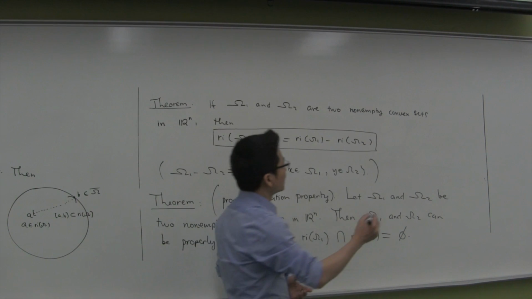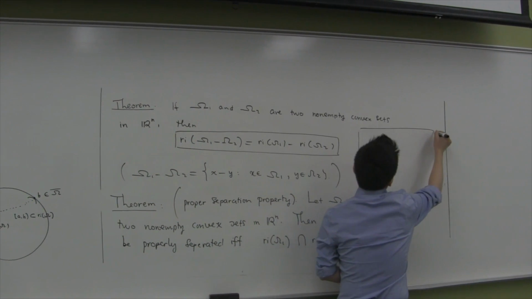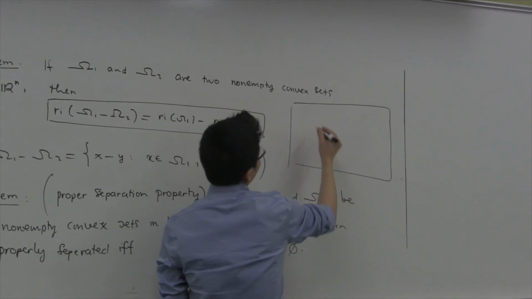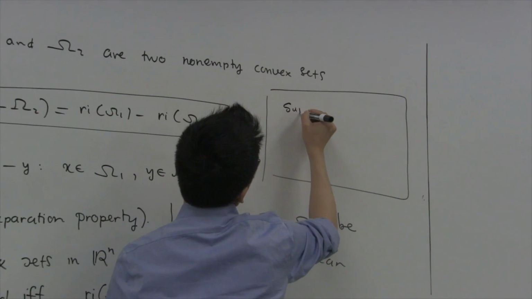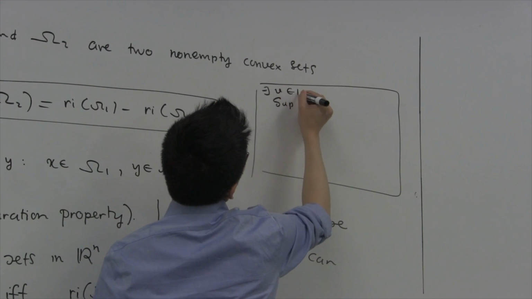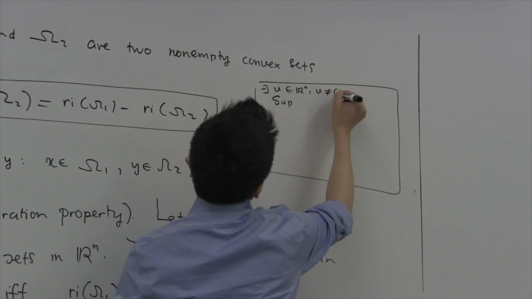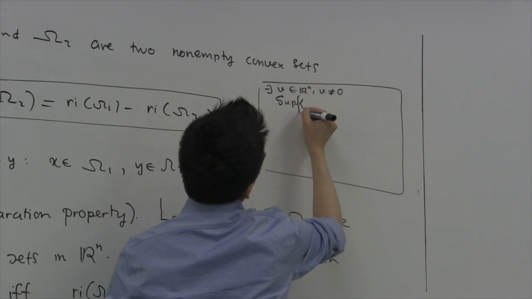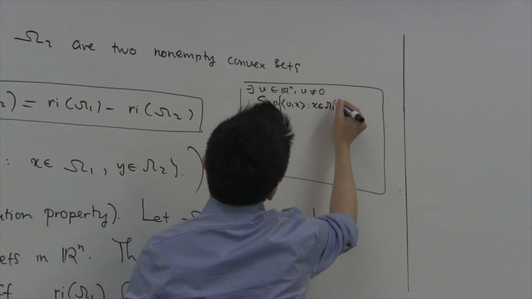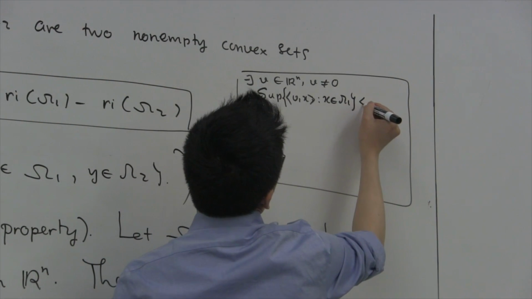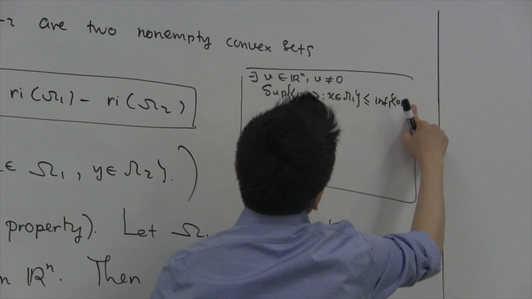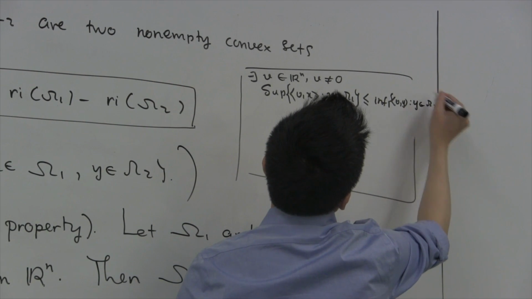And remember that the definition is as follows. Omega 1 and omega 2 can be properly separated if and only if there exists a vector v in Rn, and v is non-zero, such that the supremum of the inner product of v and x, where x is in omega 1, is less than or equal to the infimum of the inner product of v and y, where y belongs to omega 2.